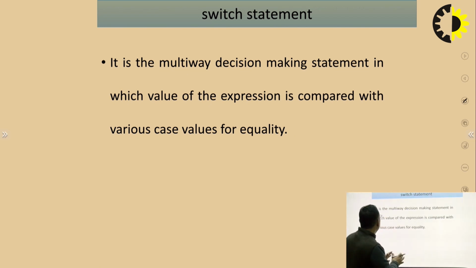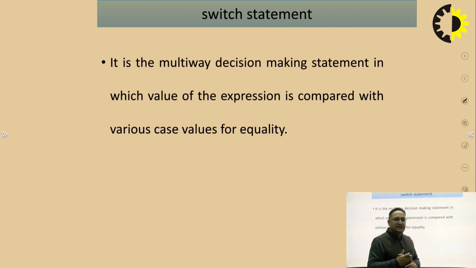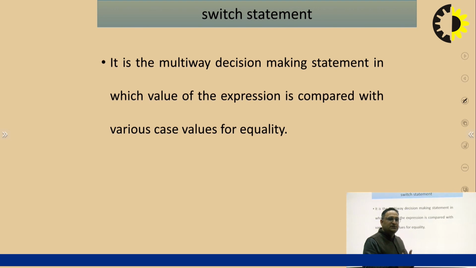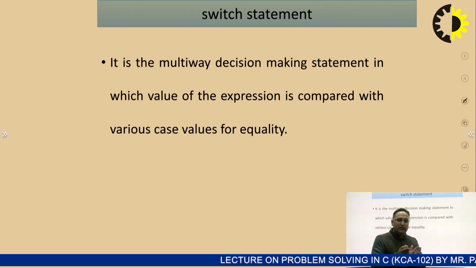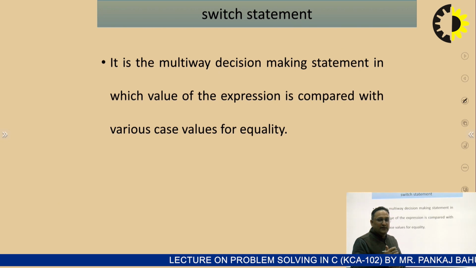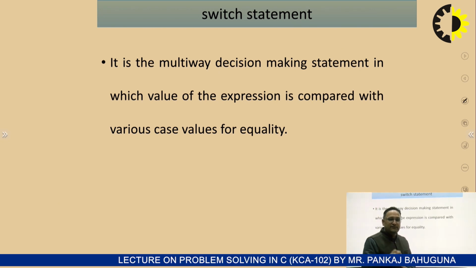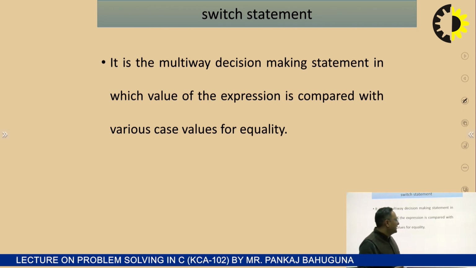Now the switch statement is a multi-way decision making statement, meaning based on certain conditions, you can execute the branch of the code which is desired to be executed. Based on the condition getting evaluated, if it falls on the lines of that condition and matches with the expression, then we will see what I'm trying to bring here.